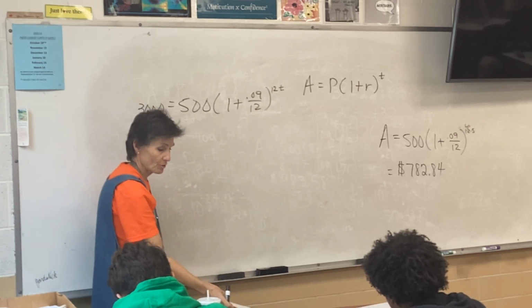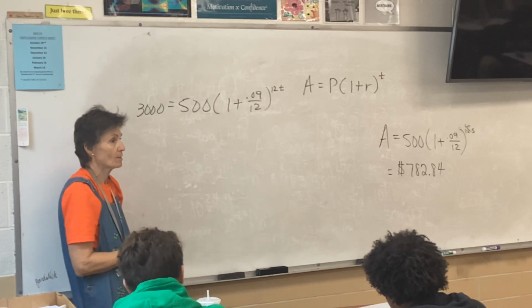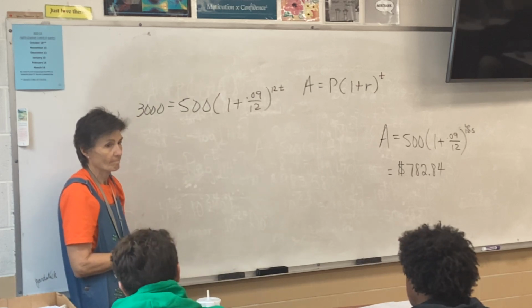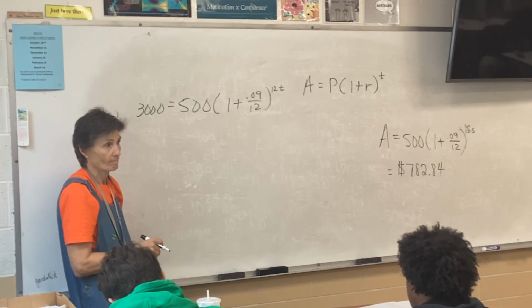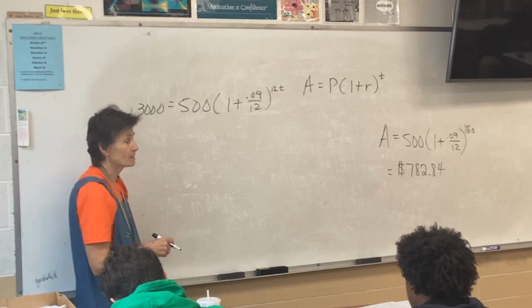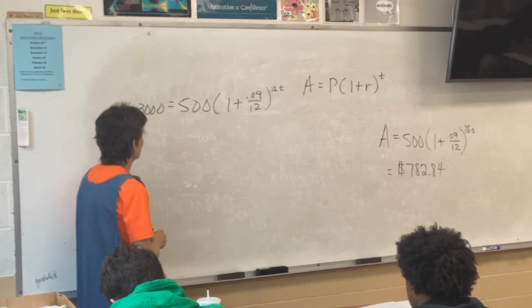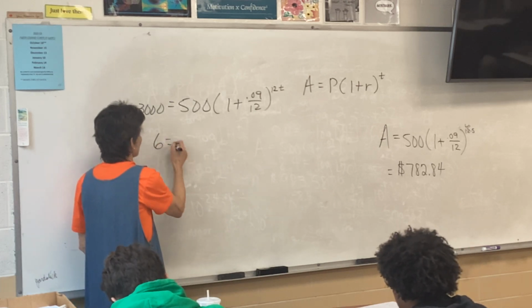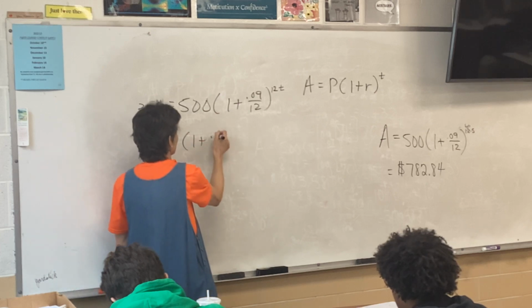So make sure you're good with all those numbers and those spots. All right, this one's a little tougher. What are we gonna have to do? Divide first, so is that 6? That's nice.